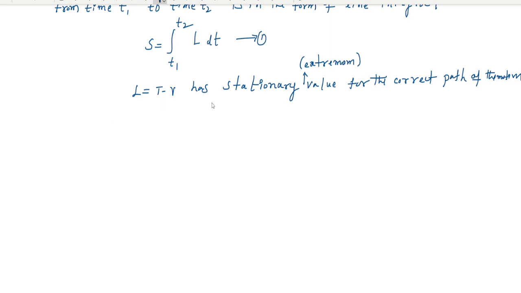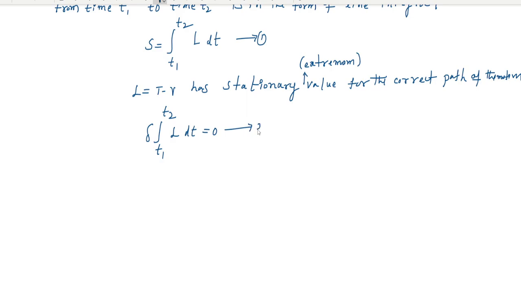The principle may be expressed like this: delta integral t1 to t2 L dt equal to 0.